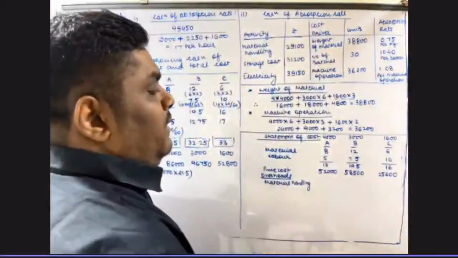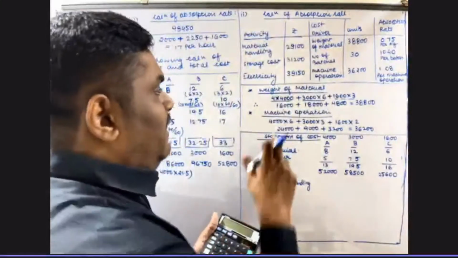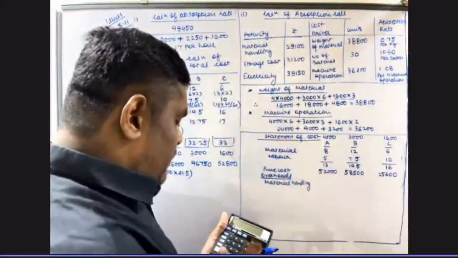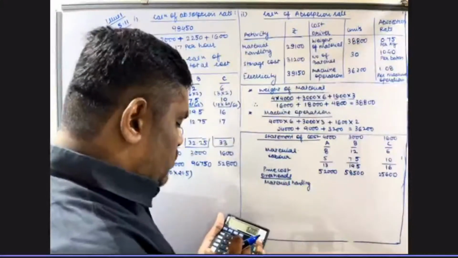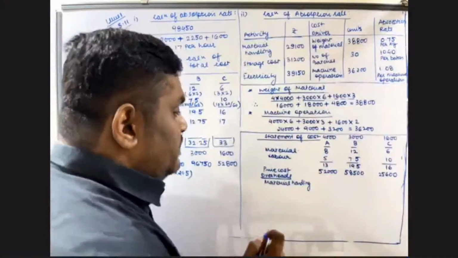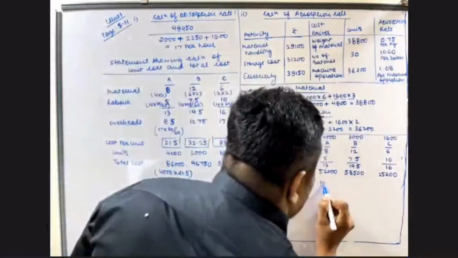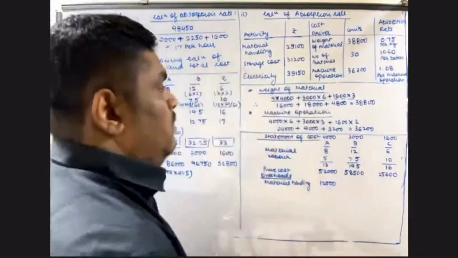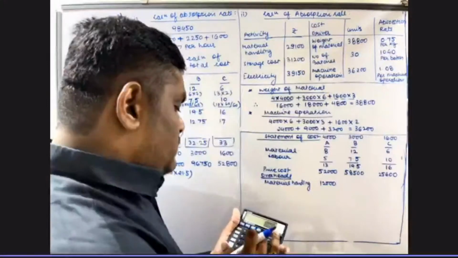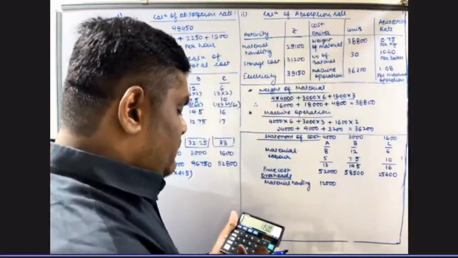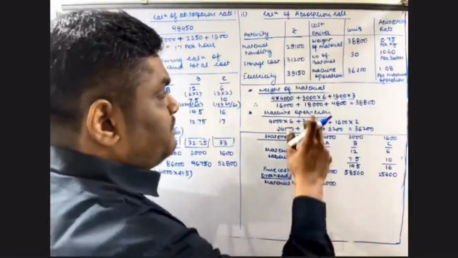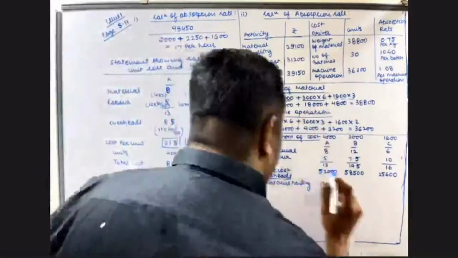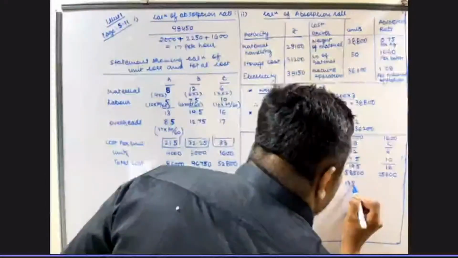So when talking about material handling, total weight of material for A is 16,000 into 0.75. So this will be 12,000. 18,000 into 0.75 will be 13,500.